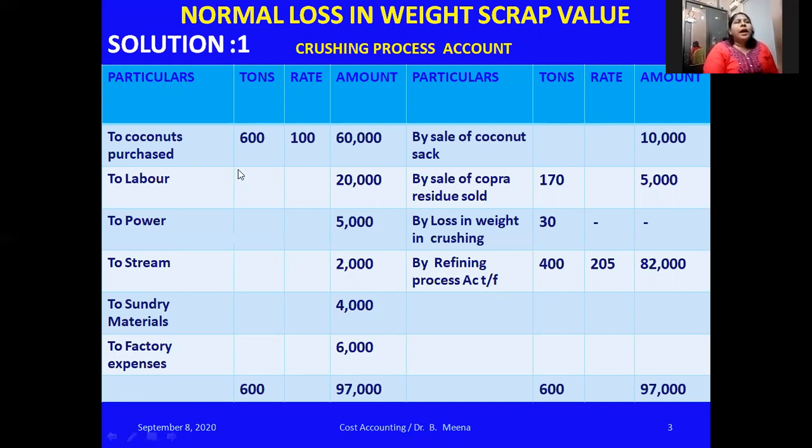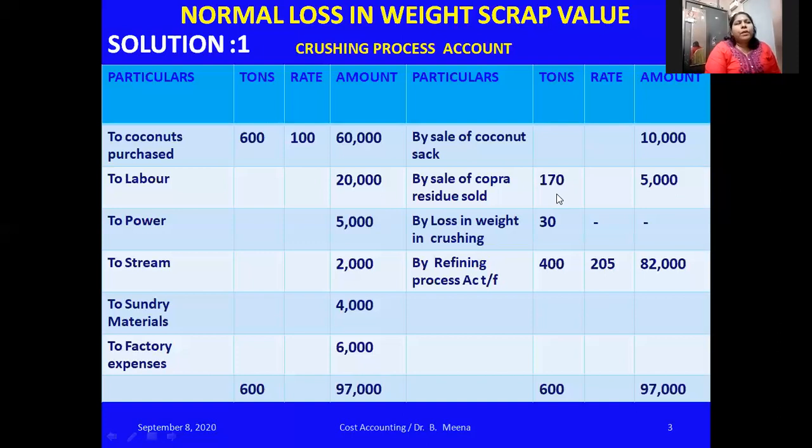Now look at that. I close the debit side, both the tons column and the amount column. Tons is 600 and the amount is 97,000, right? So I gave input in the crushing process as 600. Then the sale of copra residue is 170.